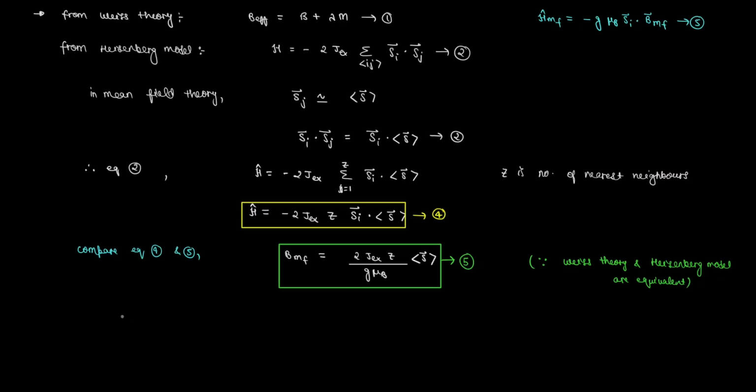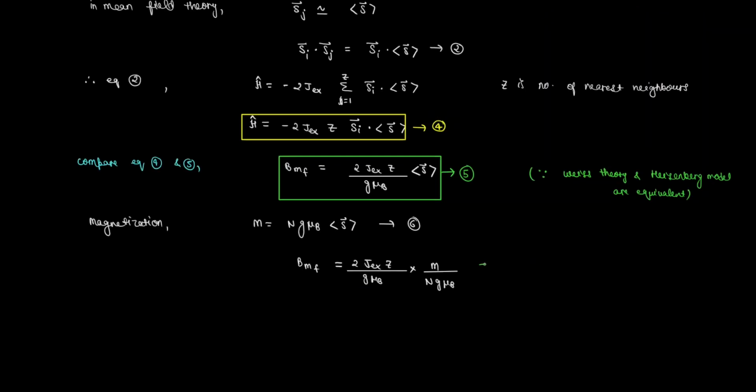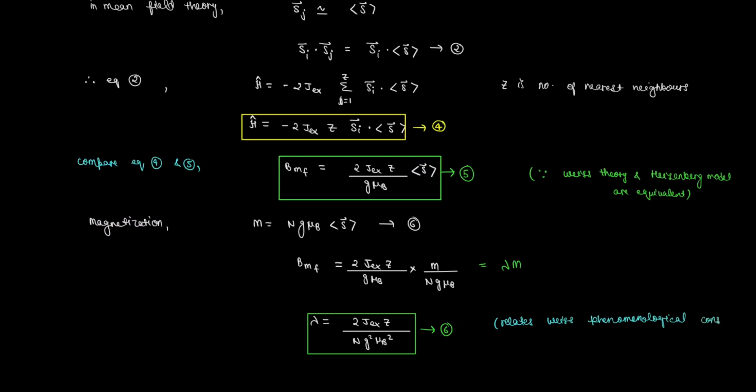Also, if you remember, the magnetization is given by N g mu B and the average value of S. So the molecular field can be written in terms of magnetization, and if we compare this with lambda M, we will get the value of lambda equal to 2 J exchange Z divided by N g squared mu B squared. This is a very powerful equation as it relates the phenomenological constant lambda to the microscopic exchange constant.